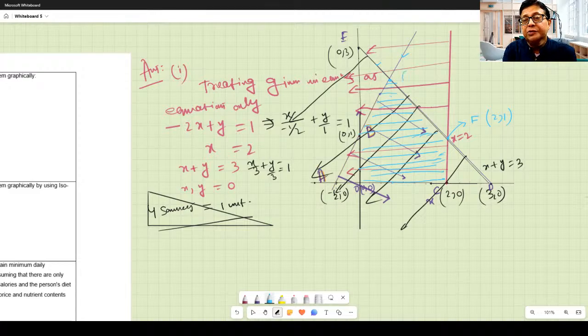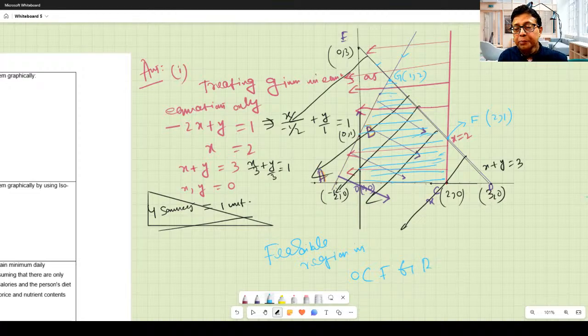This point is going to be 1, 2. Is that clear? So the feasible region is, you name this O, C, F, this you write G. So the feasible region is O, C, F, G, B, and then O. Understood?